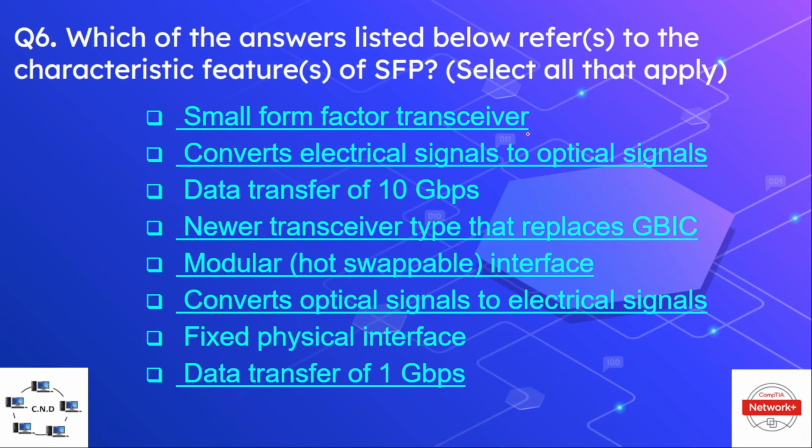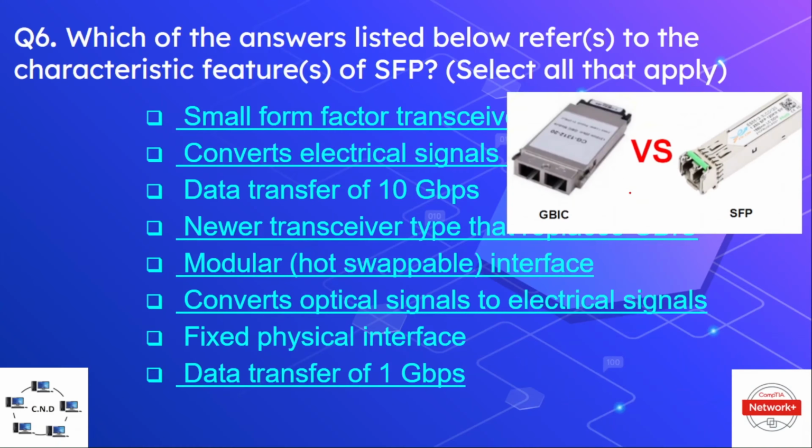So these are the characteristics of SFP, that is small form factor pluggable. And this is a picture of SFP. This is the old interface GBIC that has been replaced by the newer SFP. This is the picture of the SFP transceiver.